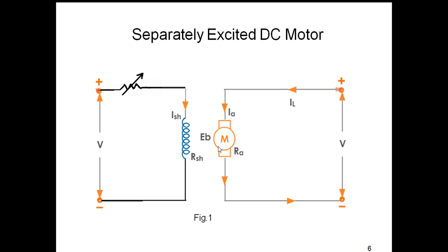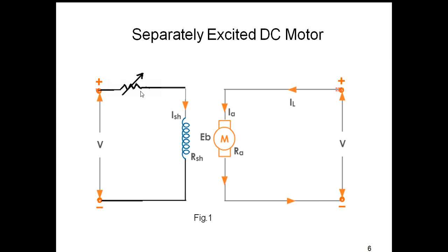The back EMF produced by this armature is EB, and this is the shunt field winding, which is excited by a separate source.